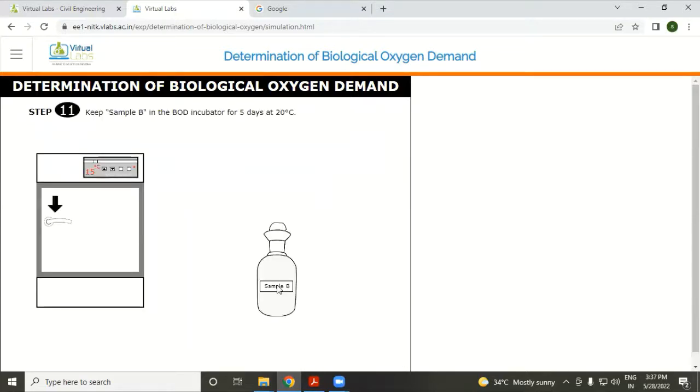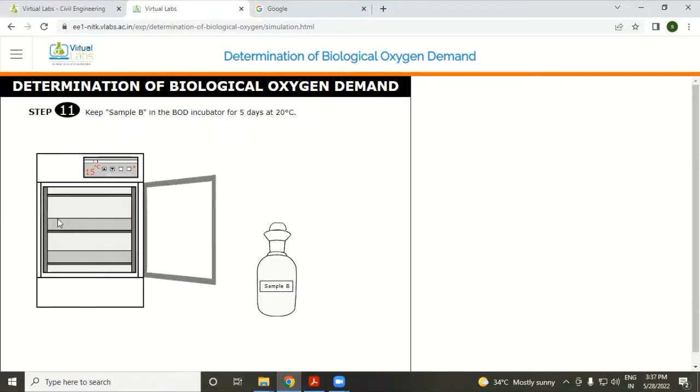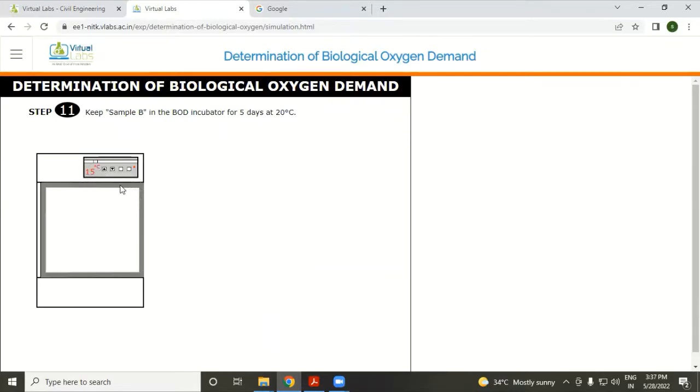So the BOD bottle B sample is kept in the BOD incubator at 20 degrees Celsius for 5 days. Set the temperature to 20 degrees Celsius.